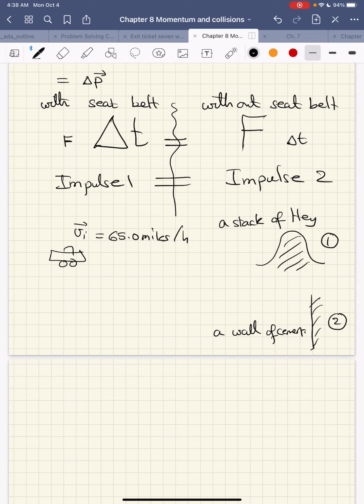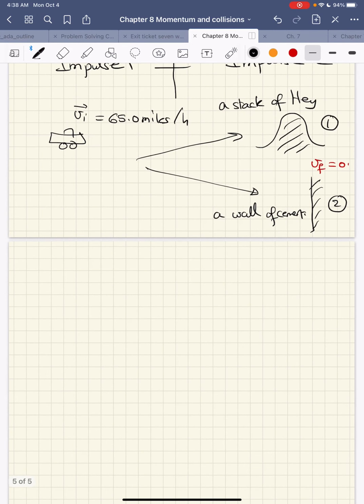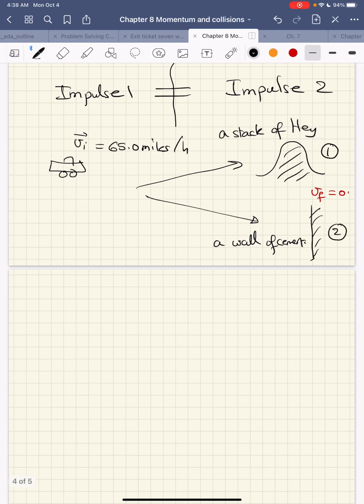And I have a choice either to hit this or hit this. And remember here, my final velocity is going to be 0. Now, in order for me to compare, I need to decide first, where is delta V greater? Is it number 1 or number 2?